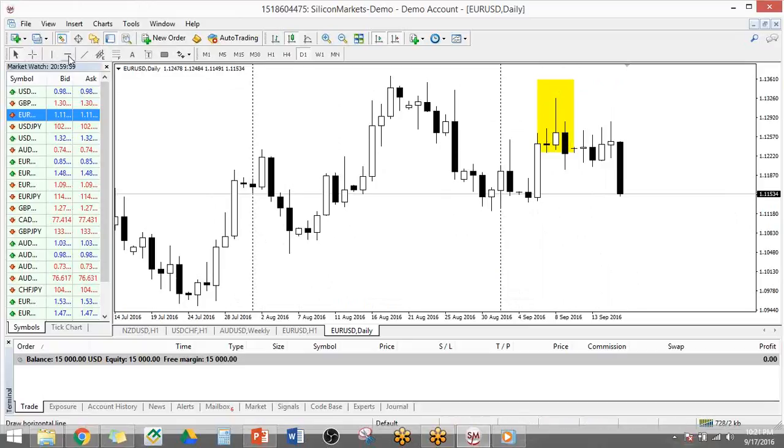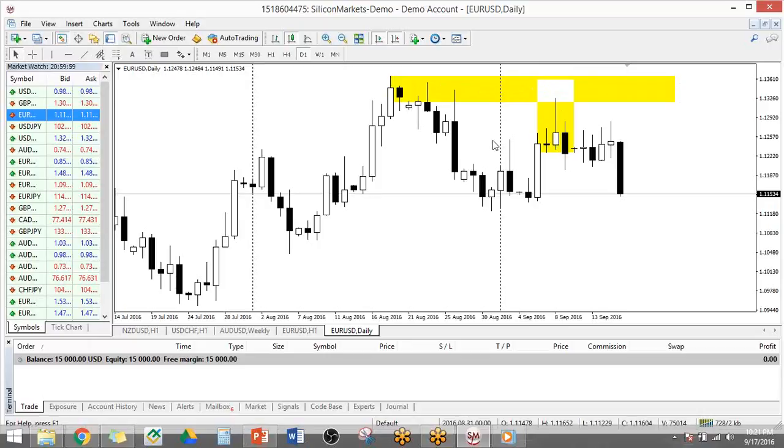So if you've noticed, this pin bar actually falls under our supply zone over here, or resistance. You can call it resistance. We tackled this in the previous video. Okay? So it hit a particular level and then it went back down.